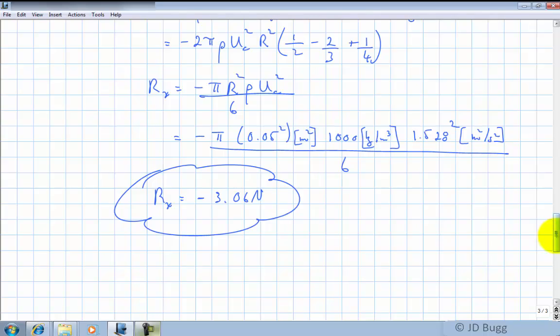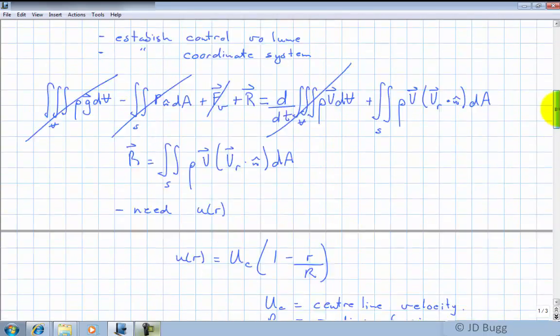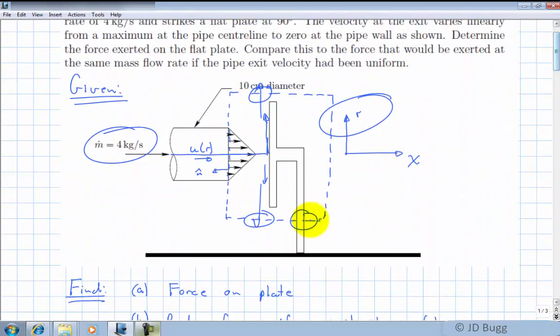So let's go back up to our diagram and just see if this makes sense. So that's the force exerted on the control volume at this spot here where the strut is cut. So that's a force in the minus x direction. So that makes sense. So the fluid is smacking into this thing. So to hold it in place, we've got to exert a force in that direction.